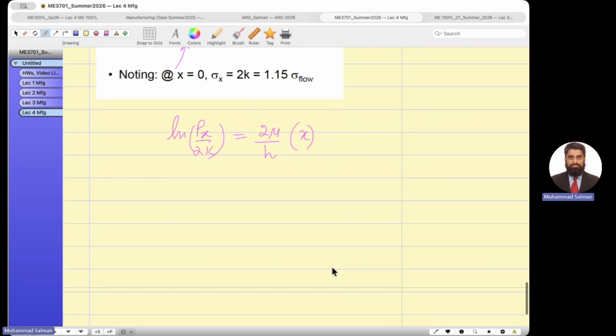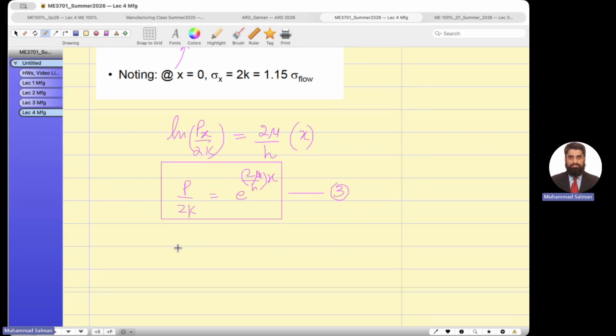Now, how do you eliminate ln? You take the exponent on both sides. So can I write P over 2K equals exponent of 2 mu over h times x? This is another equation which will be useful for our analysis.